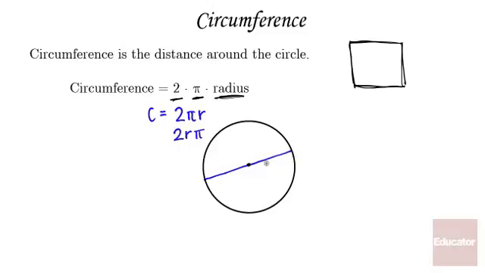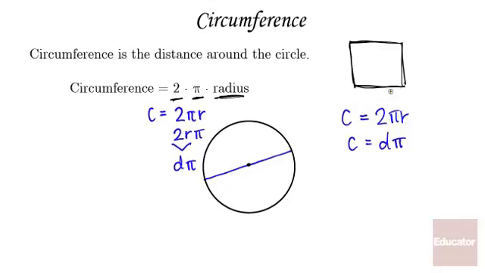So if we take 2 radii, this can also be the diameter. So we can also say circumference is diameter times pi. So this actually has 2 formulas. Circumference can be 2 times pi times r, or, since 2 times the radius is the diameter, we can just say the diameter times pi.